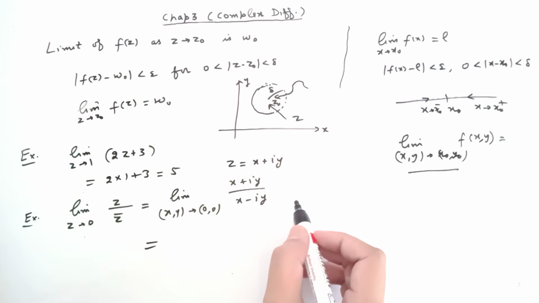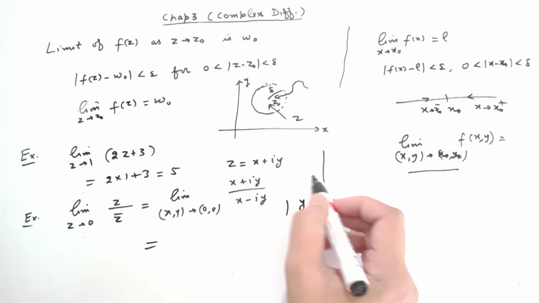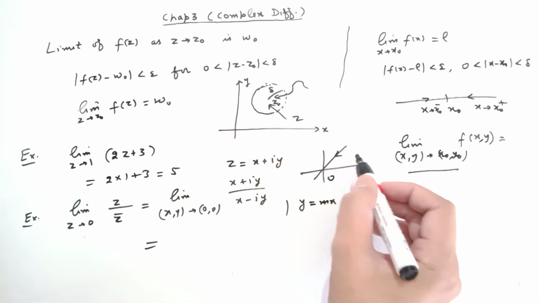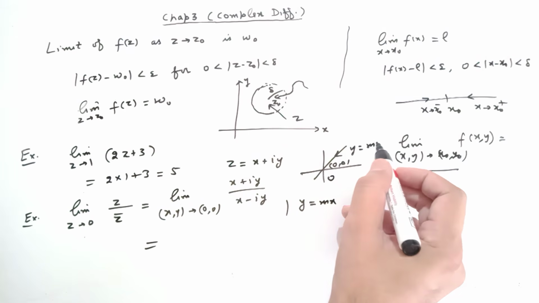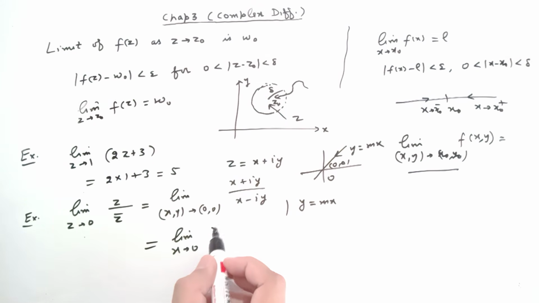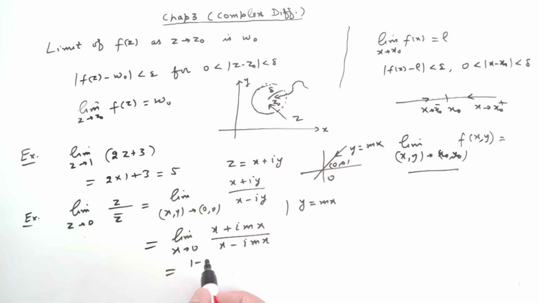So here if I choose the path y equal to mx, a straight line passing through the origin, if (x, y) goes to (0, 0) along this path y equal to mx, then it can be simplified further in this manner. Put y equal to mx and see what you get. You get 1 plus iota m over 1 minus iota m. x is cancelled.